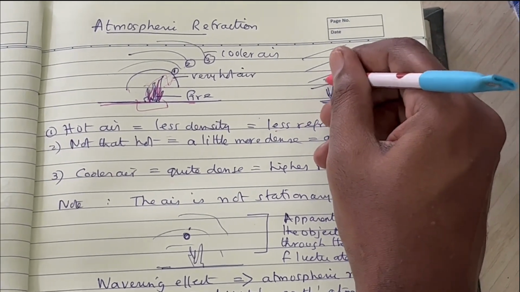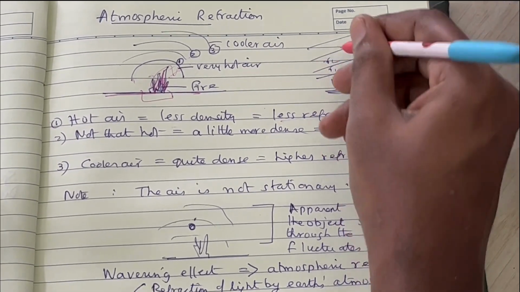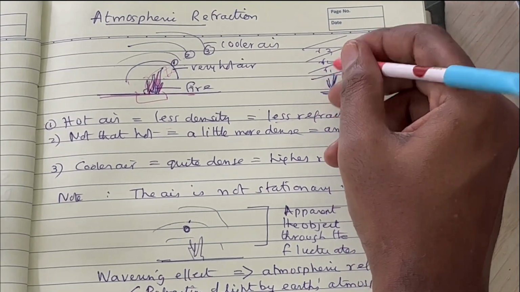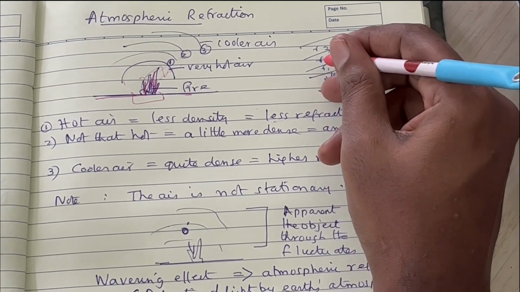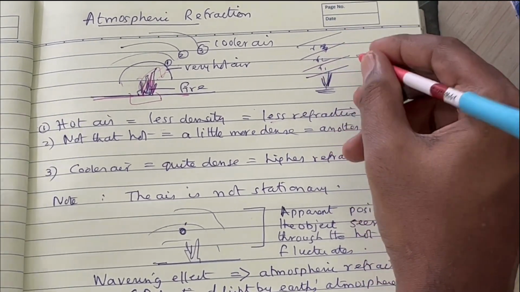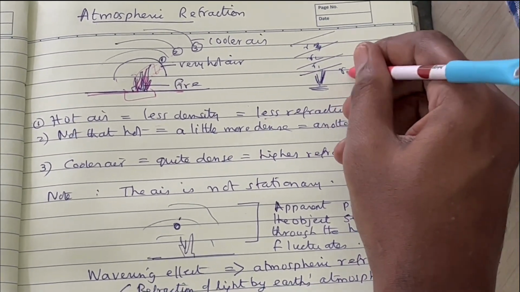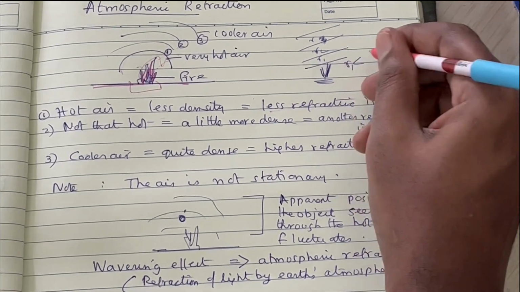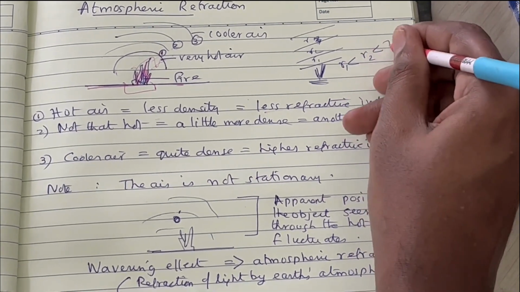I can call them R1, R2, R3. R1 is nearer the fire, R2 is further away, and R3 is very much away from the fire. You can see that R1 is lesser than R2, and R2 is lesser than R3.